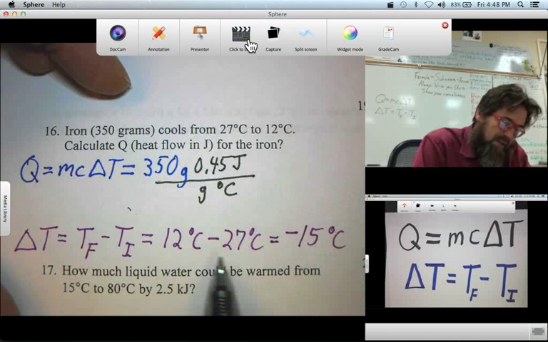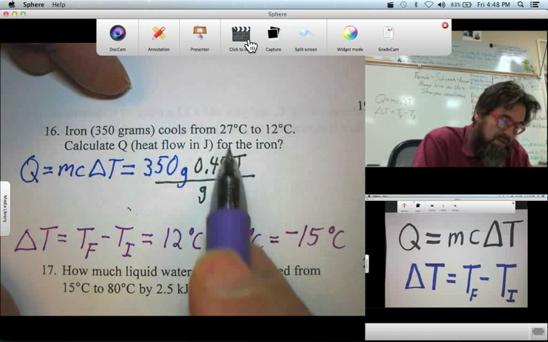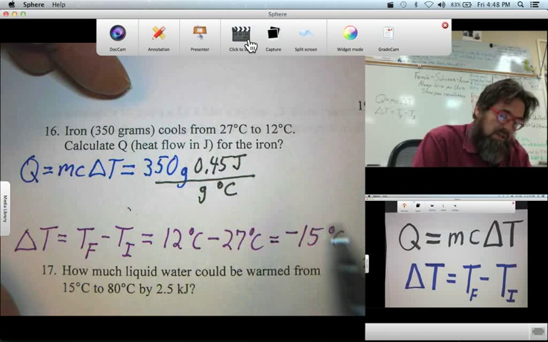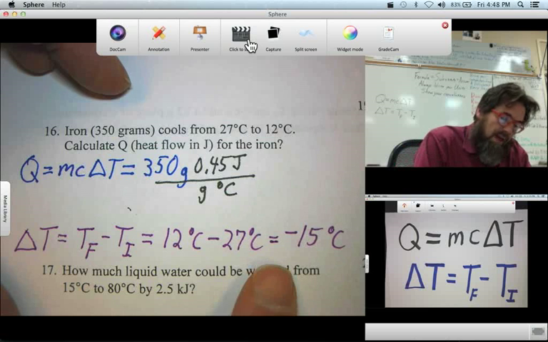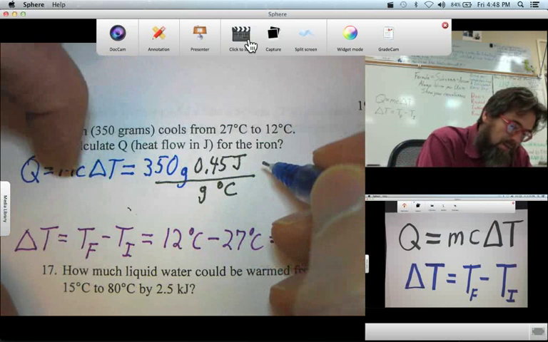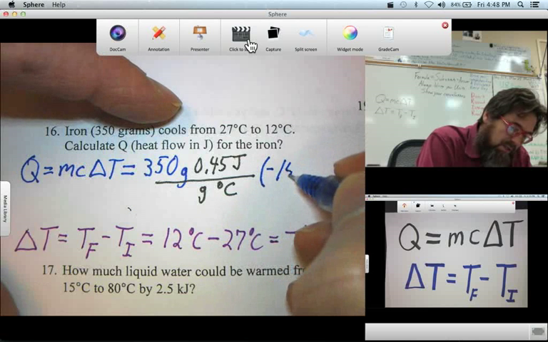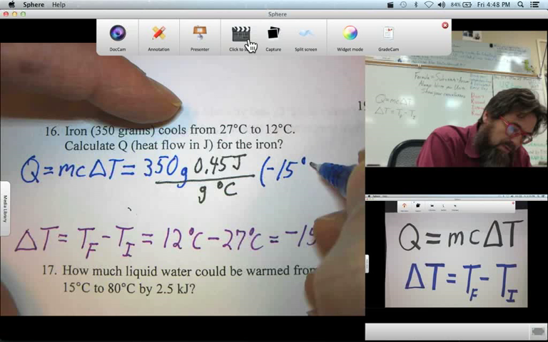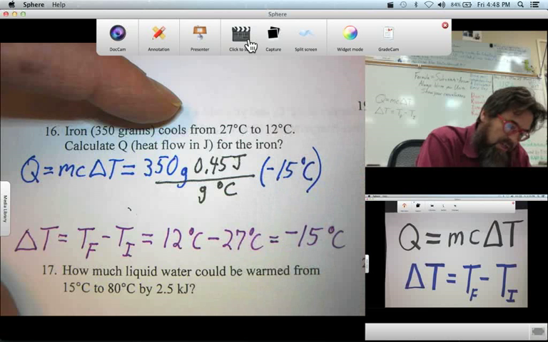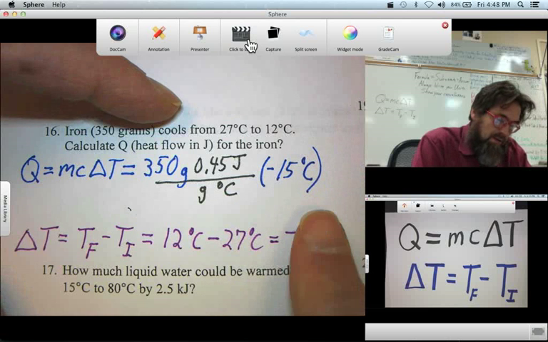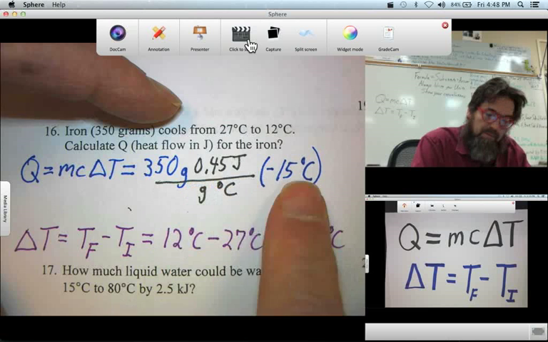That means the temperature went down, which indeed it did. It was getting cooler. Okay, so that is our delta T. Let's write that in our equation. I'm going to put it in parentheses so it's clear that we're not subtracting, we are multiplying by minus 15 degrees C.